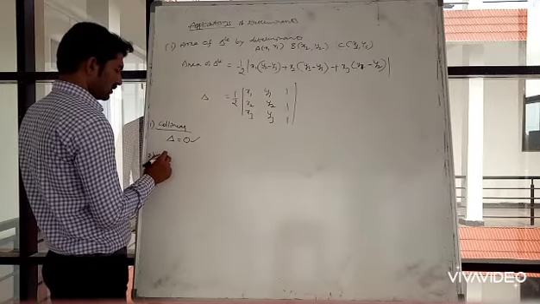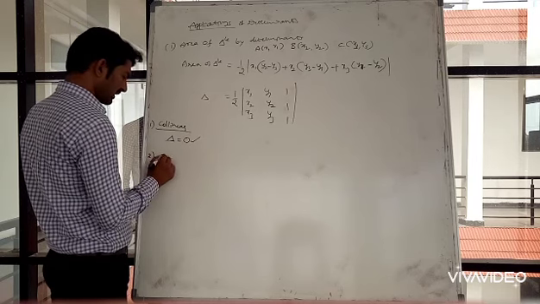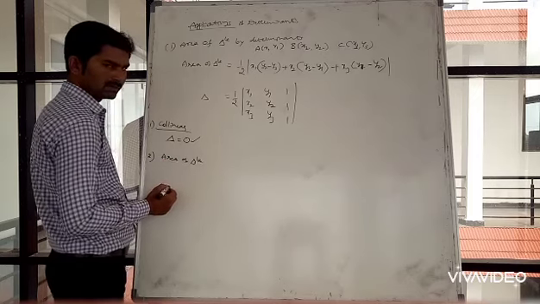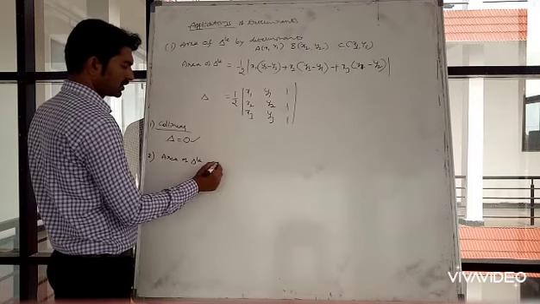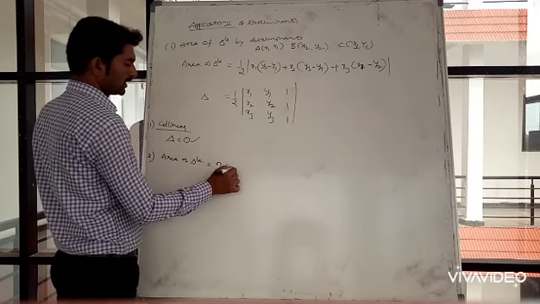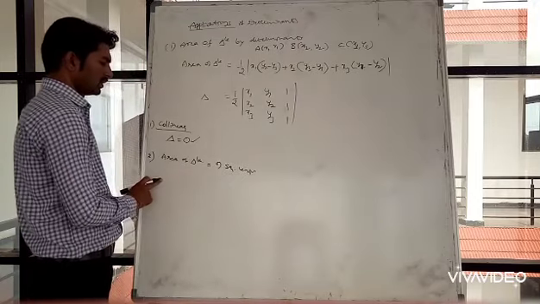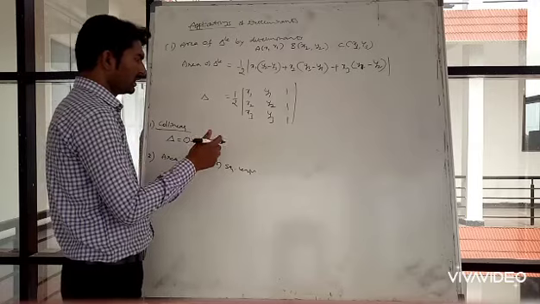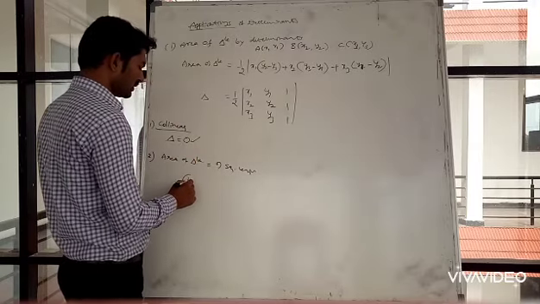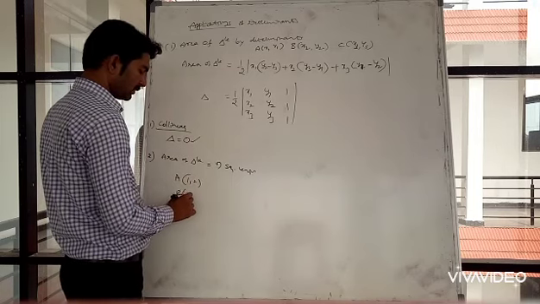And the second point: if they give the area of the triangle as k square units or n square units, something like that, and ask us to find one vertex, they will give the first vertex A, second vertex B, 3, 4 like that.